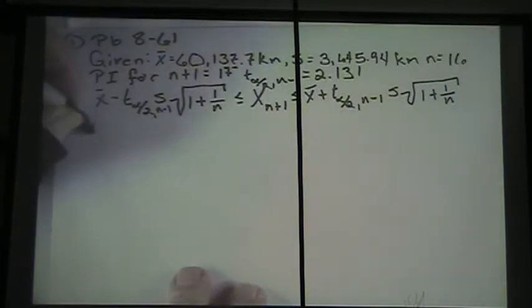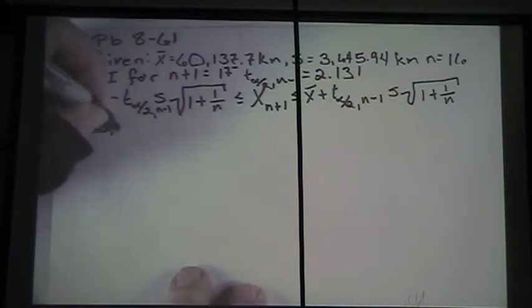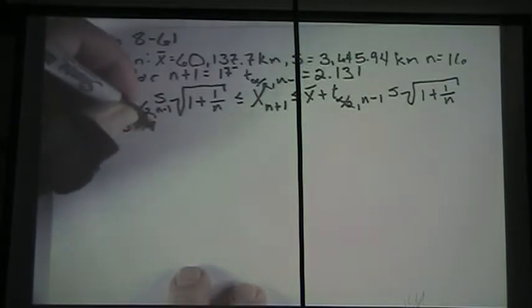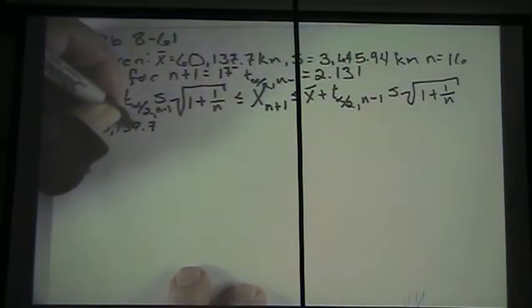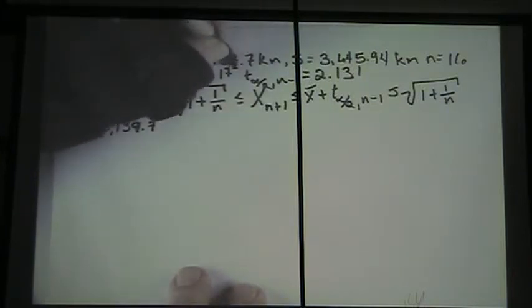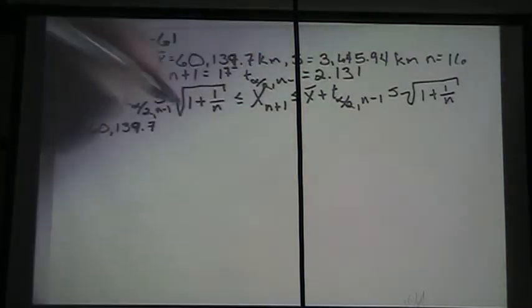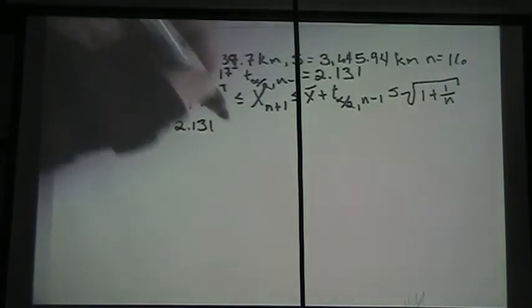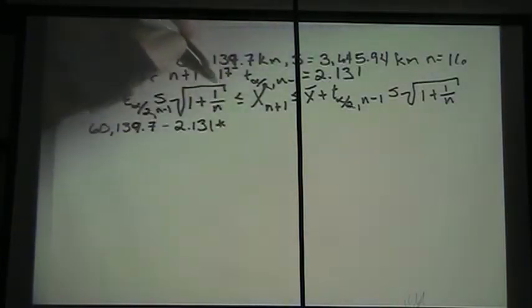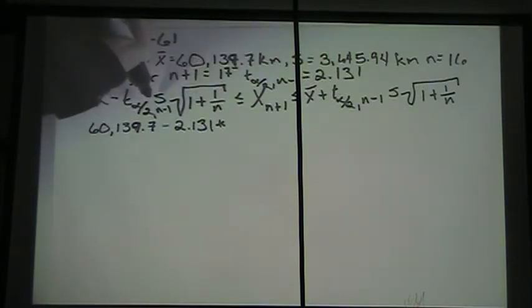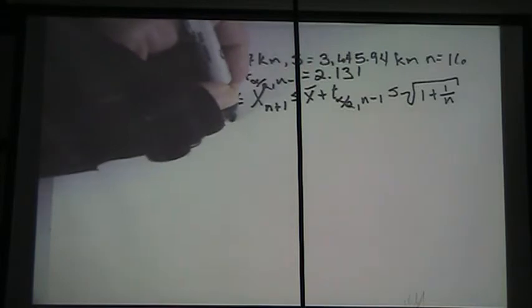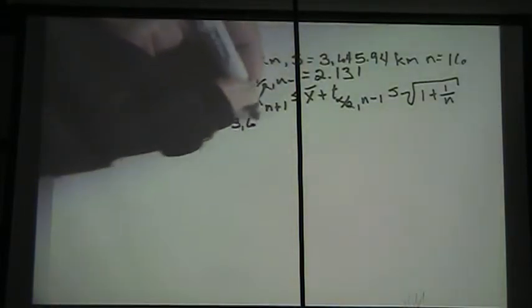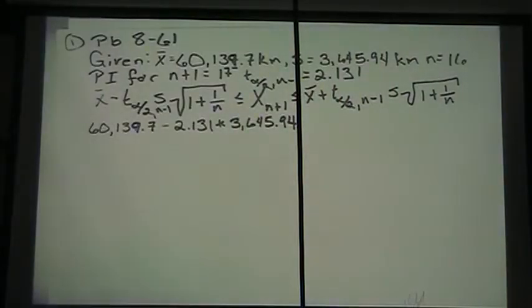So x bar equals 60,139.7 minus 2.131 times our sample standard deviation, which is 3,645.94, right?